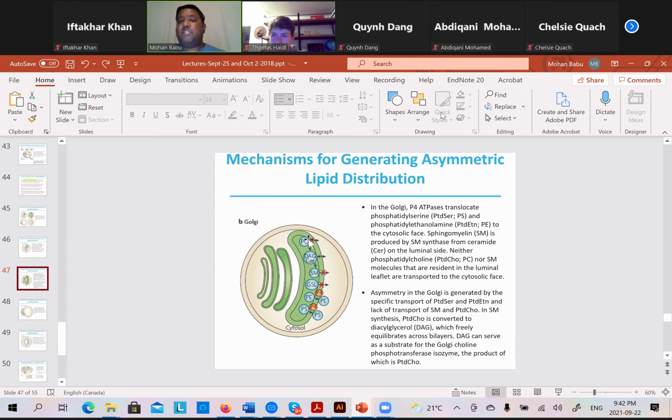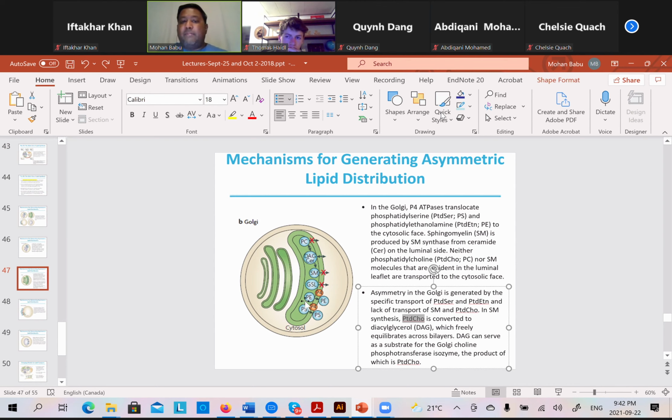They are all present only in the luminal leaflet of the Golgi. Okay, but you can also see conversion of the PC to diacylglycerol, but then diacylglycerol serves as a substrate, and we can convert them into PC. Okay, so this is how the general distributions of the lipids happen, especially in the Golgi, okay.